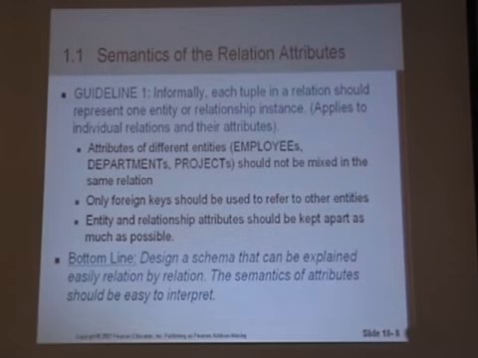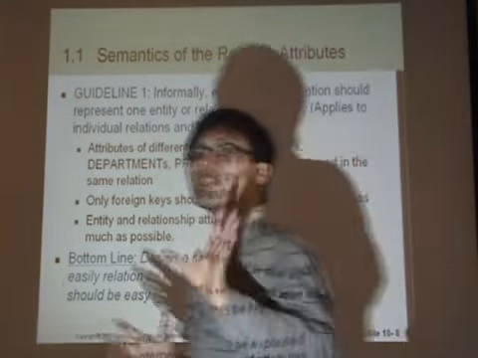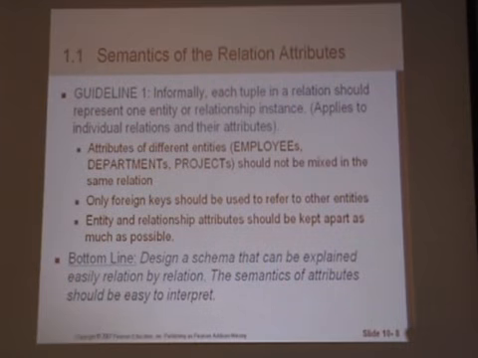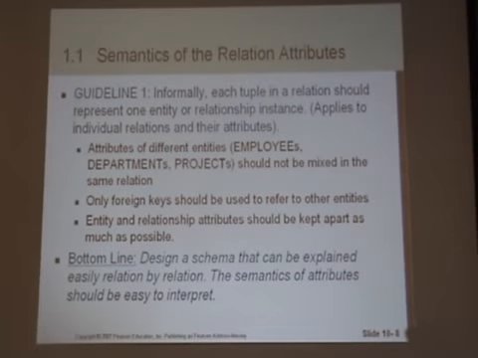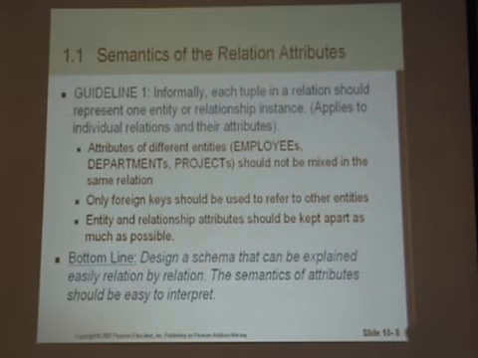the first guideline. We already discussed: each relation should have one meaning. That's it. Then it's simple and easy to understand. It's better than this one. Can you understand the meaning of this? It's very hard to find. It has employee information, department information, project information, work zone information.